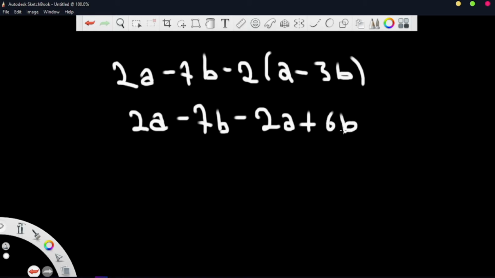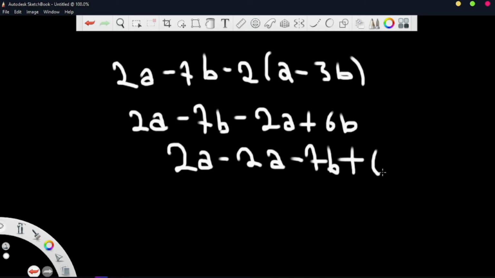Upon reaching this stage we collect our like terms. We're going to have 2a minus 2a minus 7b plus 6b. Here we know that when we have two different signs we subtract.